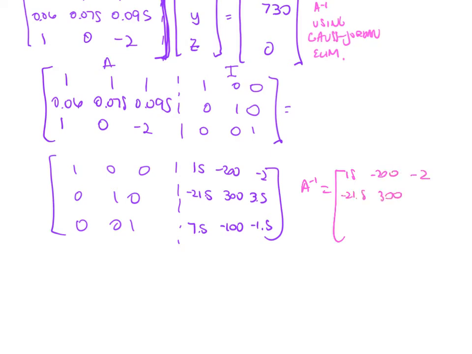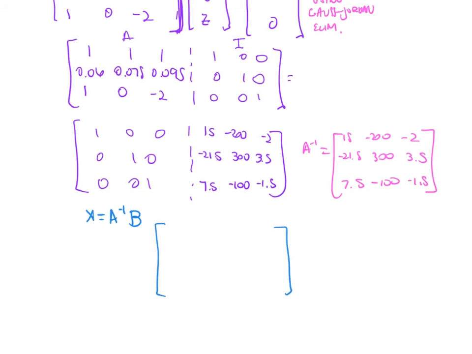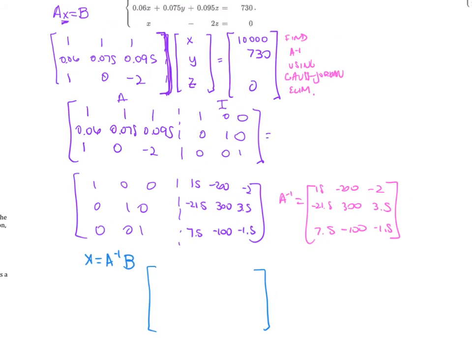And so we're just going to use this inverse to solve here. What we're using is x equals A inverse B. This is how this works. You take the inverse and you multiply it to B, and B is this information here.